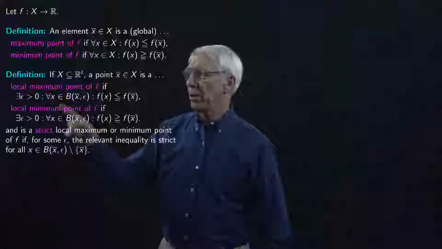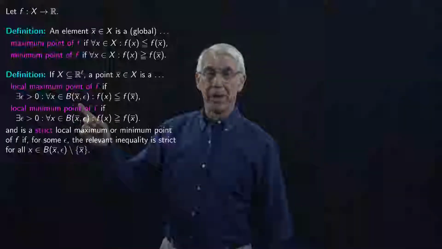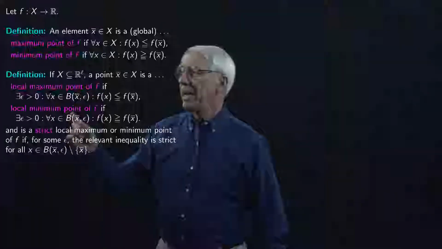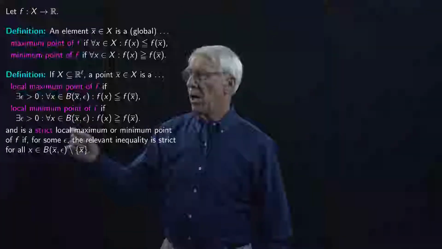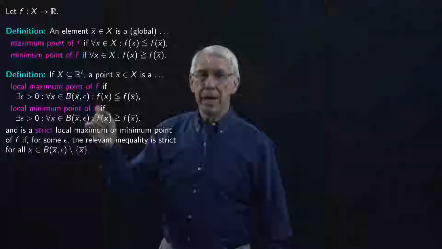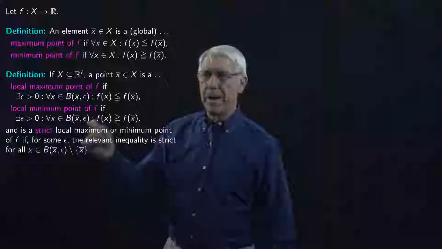It wouldn't have to be for every neighborhood that x bar provides a maximum in, but it's a strict local maximum if there is some neighborhood on which x bar is providing a maximum, and it's the only one in the neighborhood that provides a maximum.